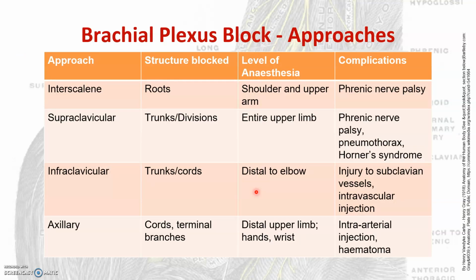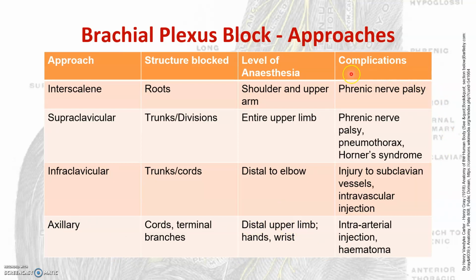This table shows four common approaches to the brachial plexus for the purposes of regional anesthesia, the structures blocked, and the level of anesthesia. And as you can see, the more proximal blocks produce a more proximal level of anesthesia, while the more distal blocks produce a more distal level of anesthesia.